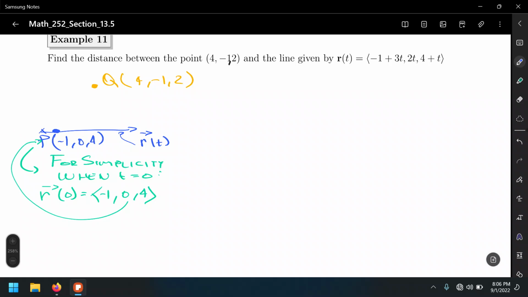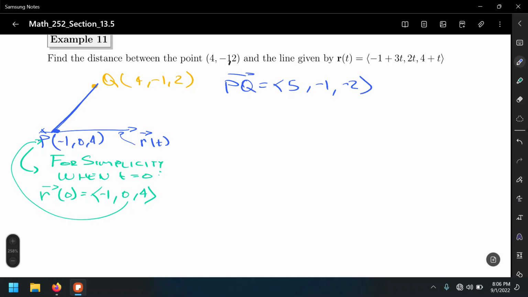Now we have information to define the vector PQ. To define the vector PQ, terminal minus initial, Q minus P: 4 minus -1 is 5, -1 minus 0 is -1, and 2 minus 4 is -2.